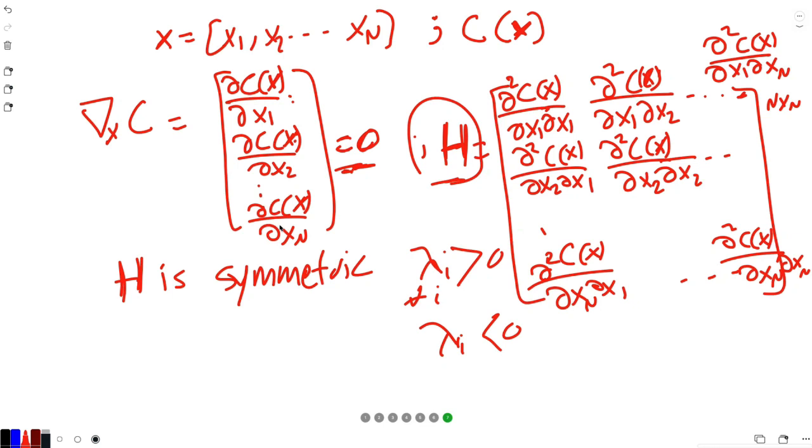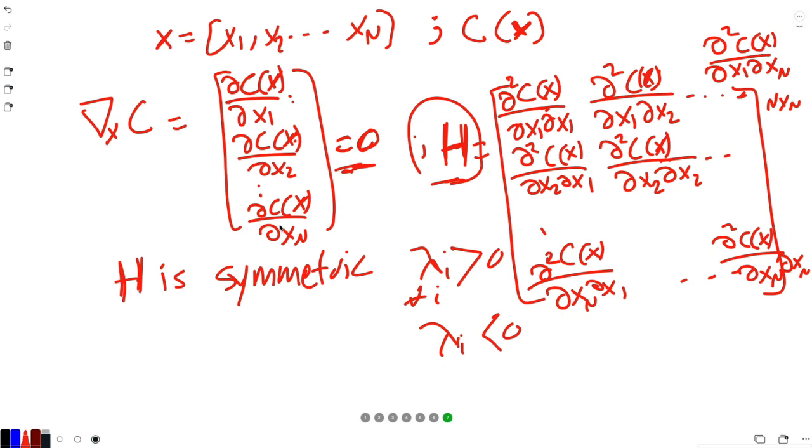Now if we have a difference between them, or if we have zeros in the eigenvalues, if we have at least one zero eigenvalue, then we know that at least one direction is a saddle point. And if we have some positive, some negative and some zeros, then we will have all of the situations.